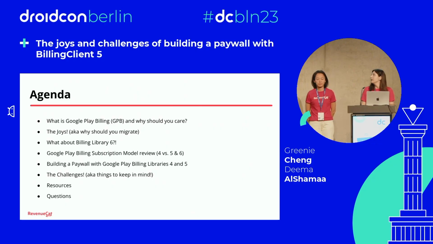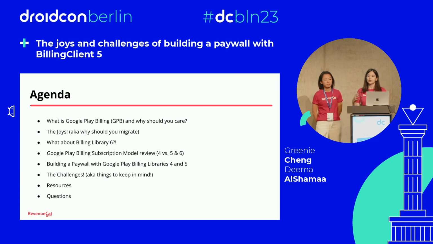All right, so our agenda. I'm going to do a very brief overview of what Google Play Billing is and why you should care about being up to date. After that, I want to talk a little bit about Billing Library 6, because you may notice we're probably going to be saying Billing Library 5 a lot more than 6, and I want to explain why.